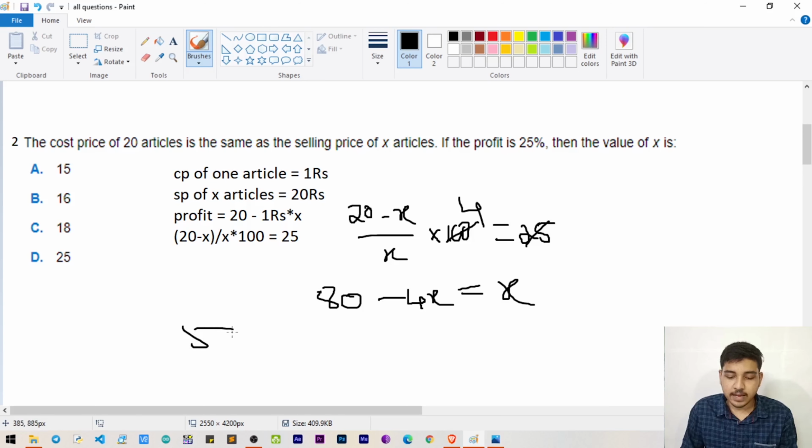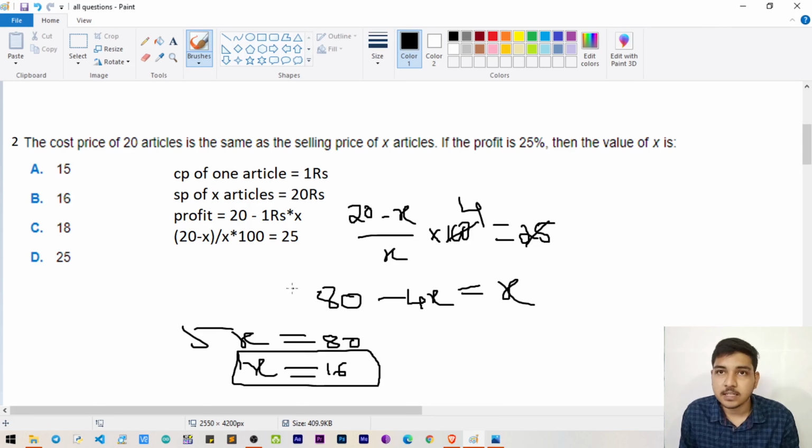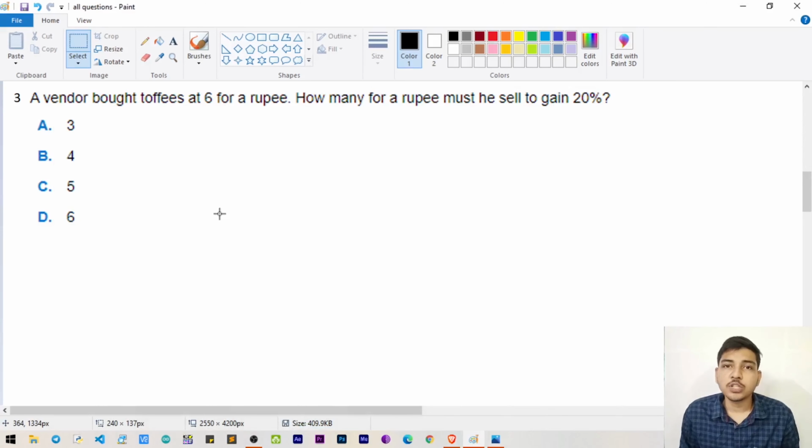So 5x is equal to 80, and now x value becomes 16. So x is 16, so 16 articles. So the cost price of 20 articles is equal to 16 articles' selling price. So the answer is 16. Option B is correct.